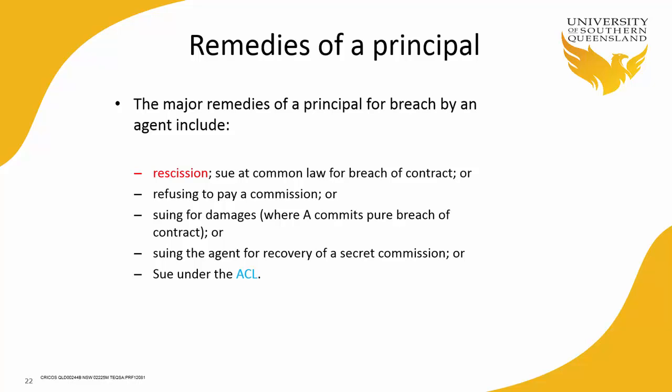It should actually be termination. So once the agent breaches the agency agreement through, for example, taking secret commission, then it would be open for you as a principal to terminate this contract, or to refuse to pay a commission, or to sue for damages, or suing the agent for recovery of a secret commission, for example.